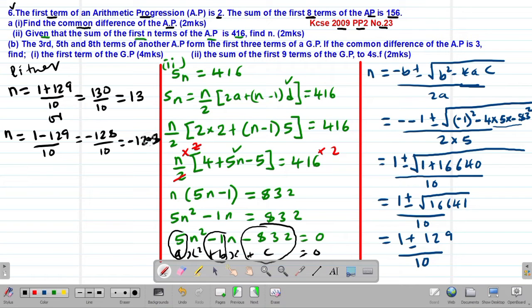But what was n representing? Remember, n is representing the number of terms. Then we said that the number of terms must be a positive integer.